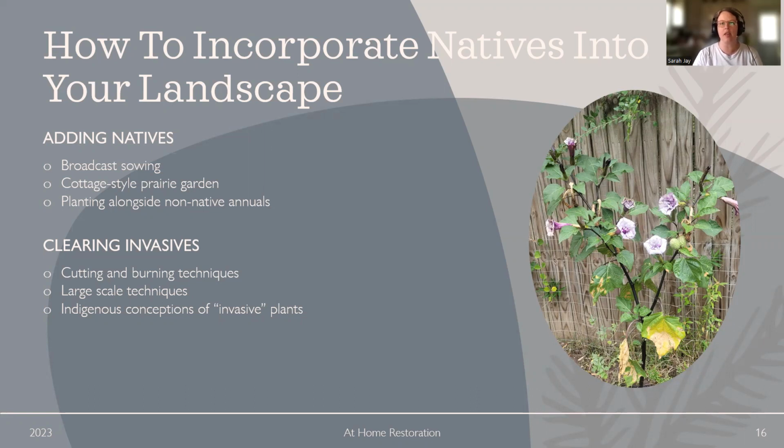I've actually found that some of these native plants are attracting the beneficial insects like the tachinid flies, the parasitic wasps, the hoverflies. Those are the insects that come in and eat those agricultural pests. And then you could also be clearing invasives as well as doing these other techniques.